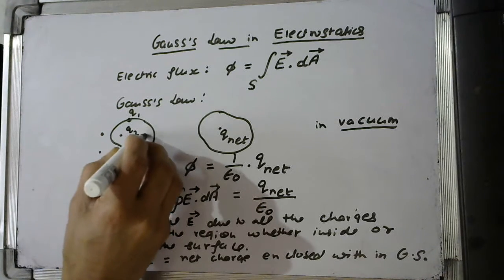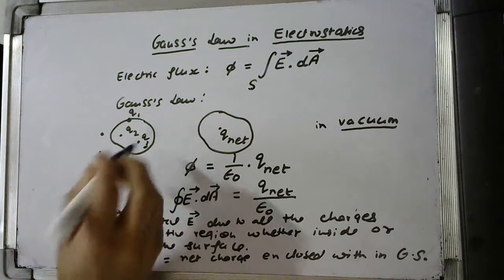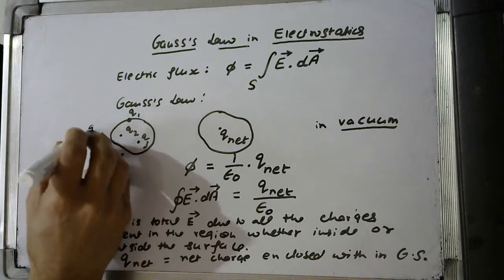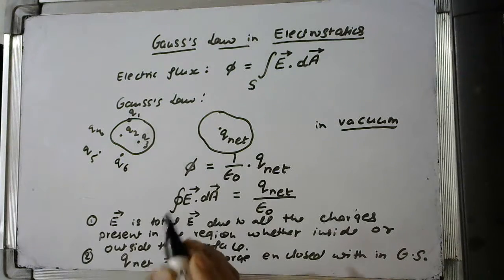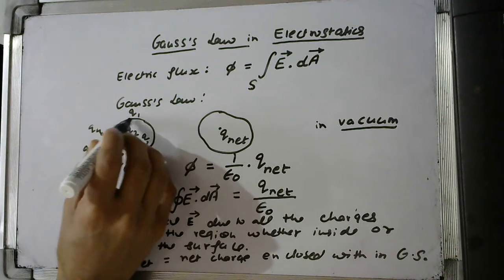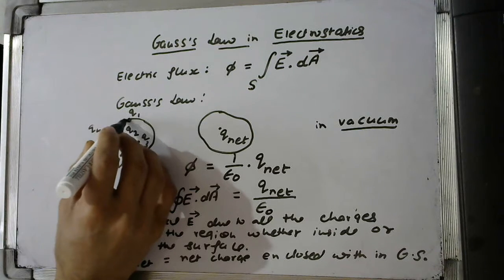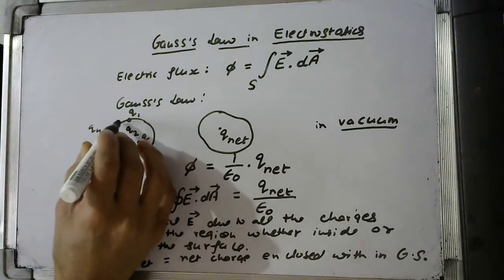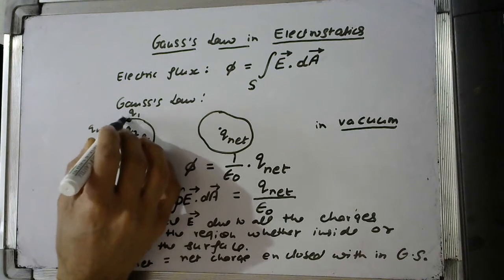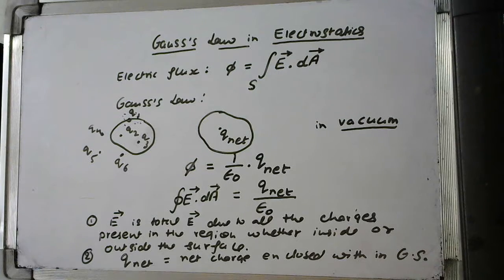Certain charges are enclosed within the surface, and there are few charges outside the surface. Now this charge Q1 creates a problem. Should I consider it within the surface or outside the surface? Since it is exactly on the boundary of the surface, there is ambiguity regarding how to consider this charge. So care should be taken to never make the Gaussian surface pass through a discrete point charge.